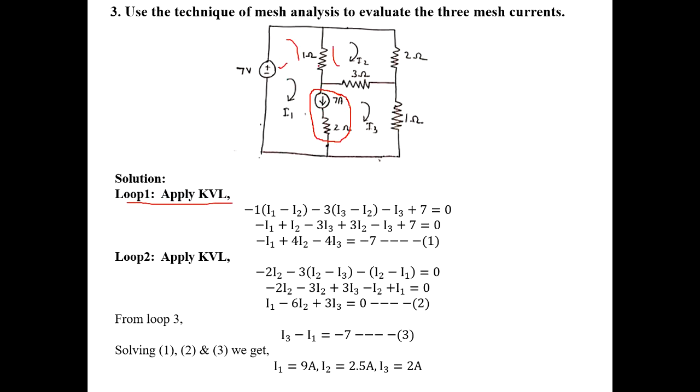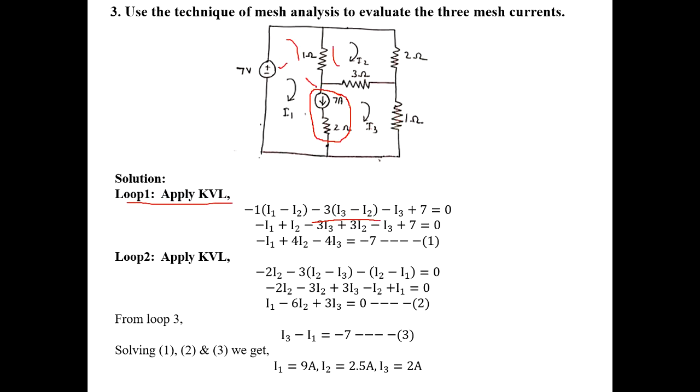Next apply KVL. We have written minus 1 into I1 minus I2. Next resistor, we have to consider this resistor: minus 3 into I3 minus I2, since this 3 ohm resistor is between I3 and I2. Then minus 1 into I3.